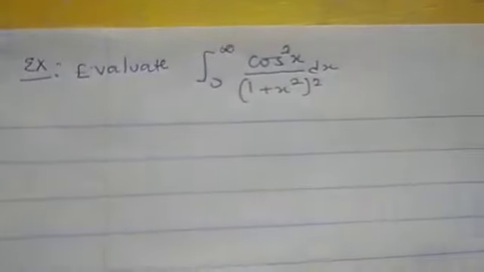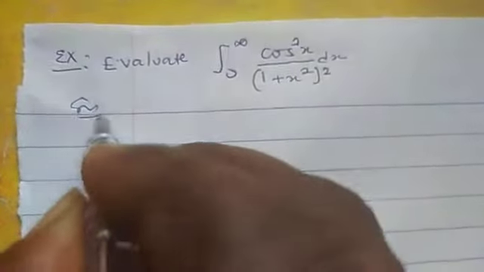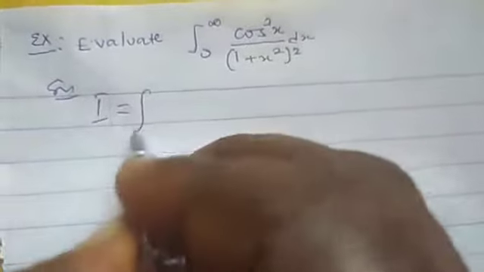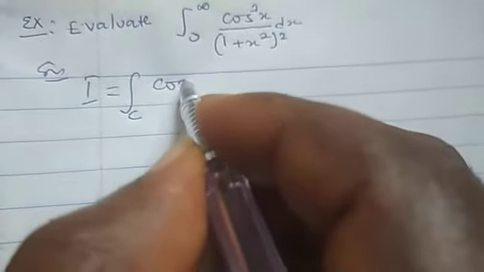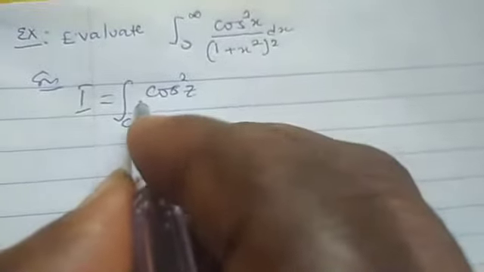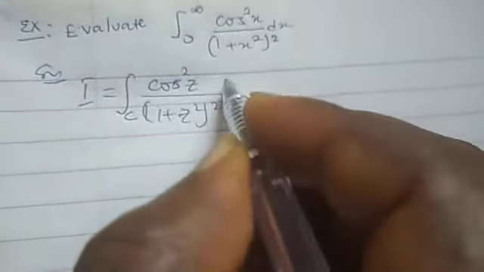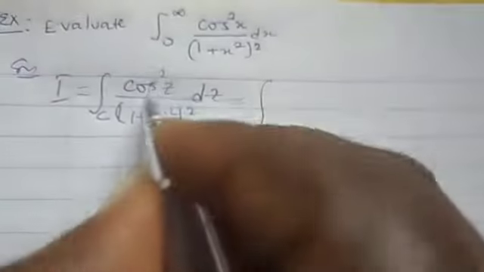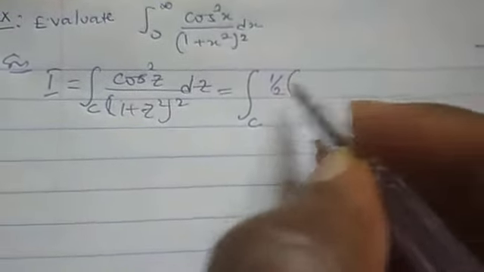Another example, we want to evaluate this integral. So solution. So as usual, we know that this will be the integral of cos square z over 1 plus z square all square dz, but this one is cos square, so we need to apply the average formula there.